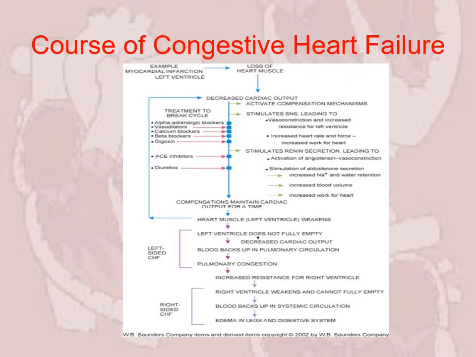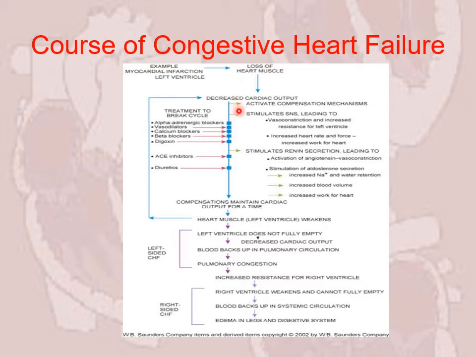Course of congestive heart failure. Now, we can maybe walk through this and kind of talk about it, but say, for example, you have a myocardial infarction in the left ventricle and you have a loss of heart muscle. This is going to result in loss of strength with that muscle and decreased cardiac output.